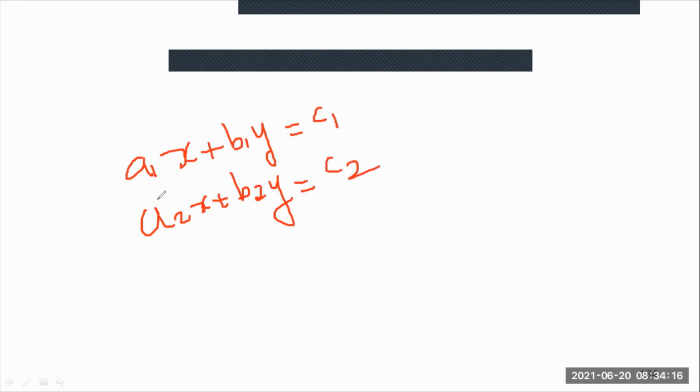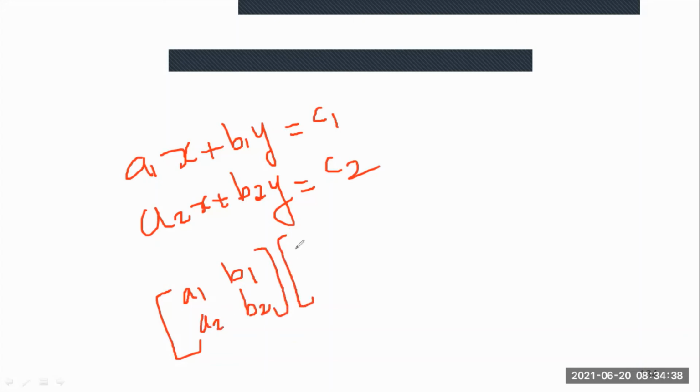At that time, you have to calculate delta. Before that you have to write everything in matrix form. How can we write in matrix form? Very simple. First you write the constants A1, B1, then A2, B2.